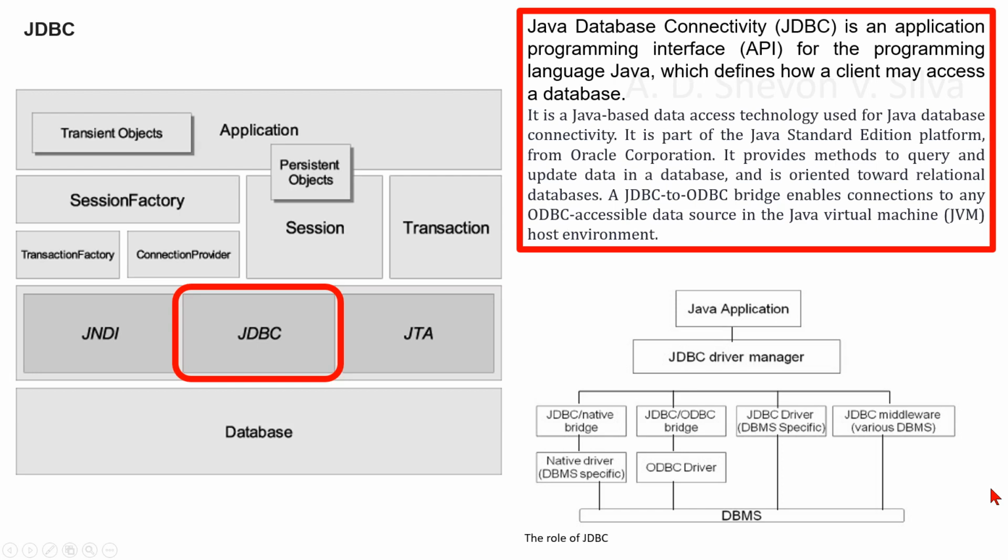JDBC contains some of the basic features of ODBC, like the X/Open SQL Call Level Interface. JDBC is for Java programs, and ODBC is for programs written in languages other than Java. ODBC is used between applications, and JDBC is used by Java programmers to connect to databases.